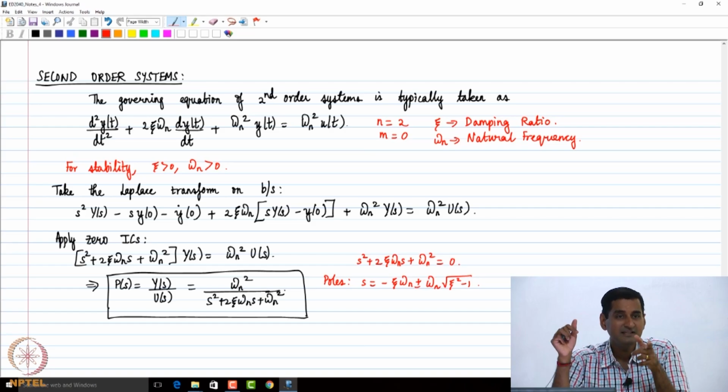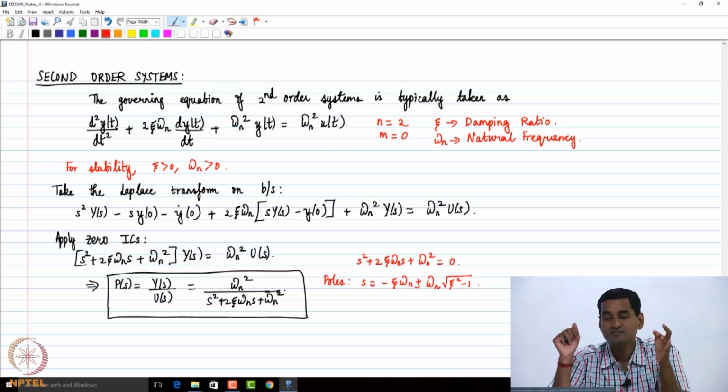If zeta is exactly equal to 1, we will have repeated poles at minus omega n. If zeta is greater than 1, we are going to have two distinct real poles on the negative real axis. Those are three cases that we would look at.